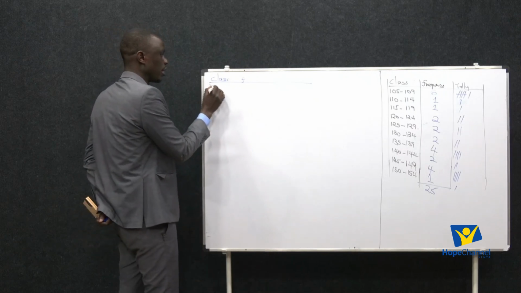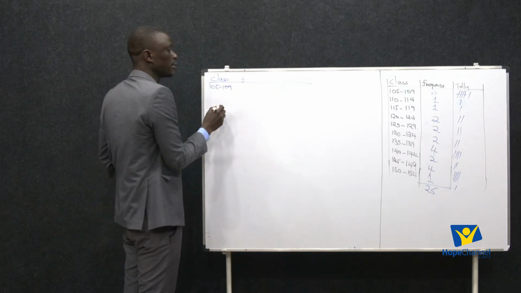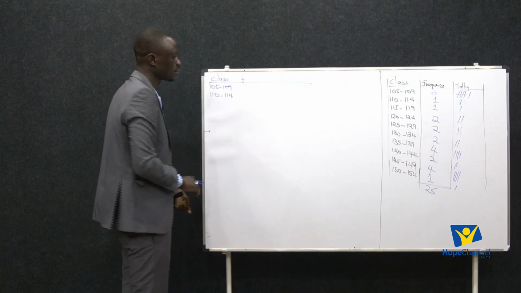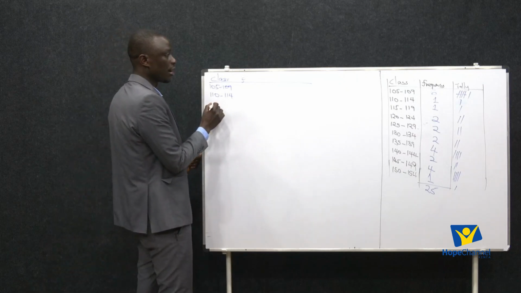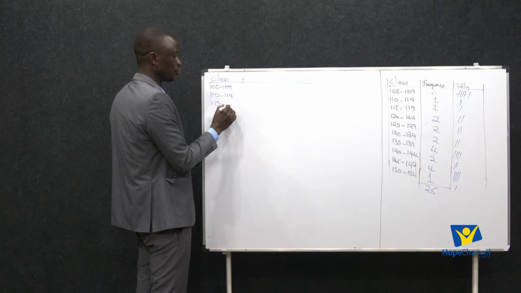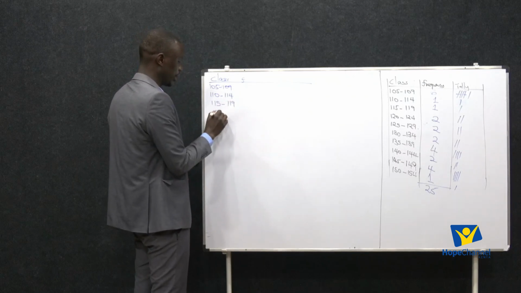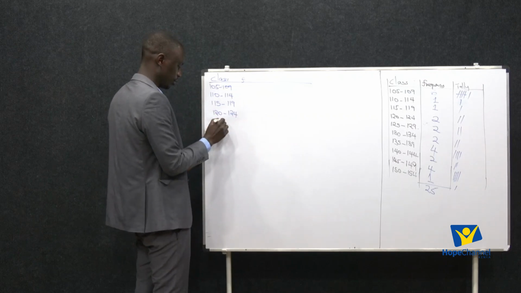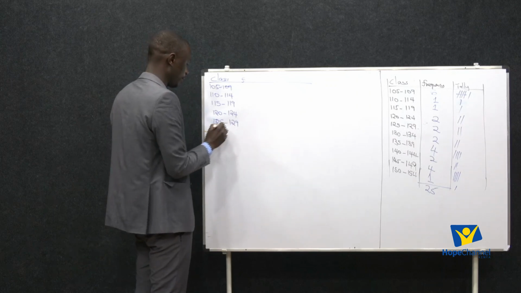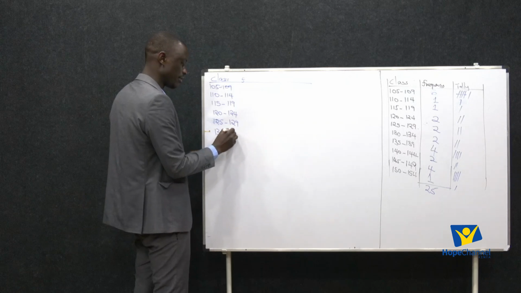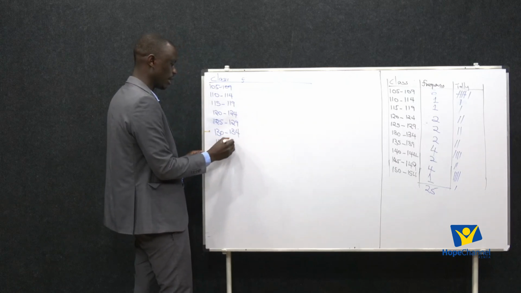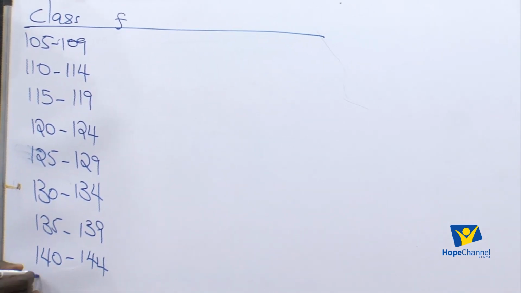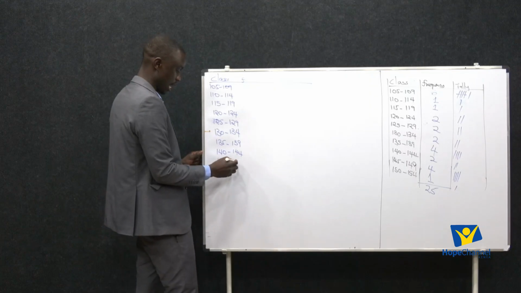So the class is 105 to 109, 110 to 114. We also have 115 to 119, 120 to 124, 125 to 129, 130 to 134, 135 to 139, 140 to 144, 145 to 149.